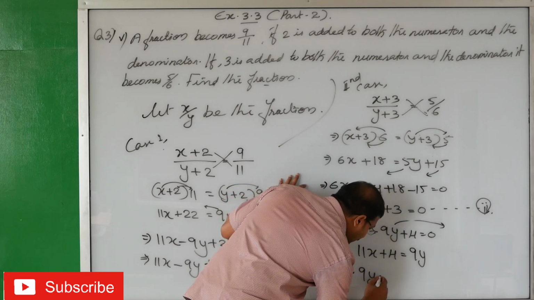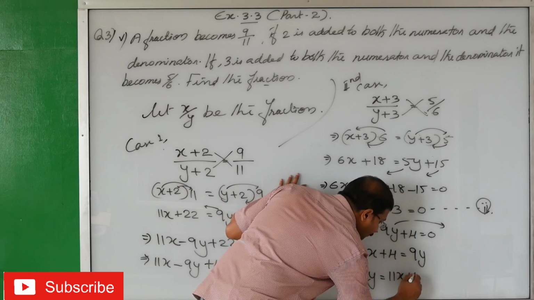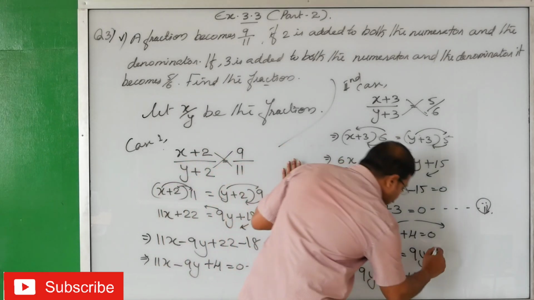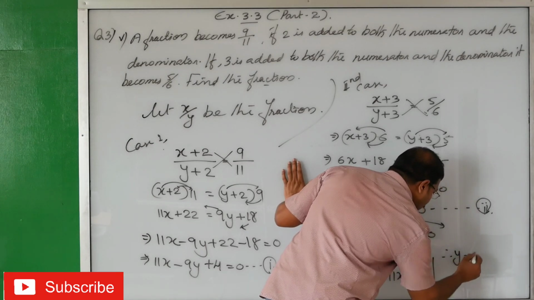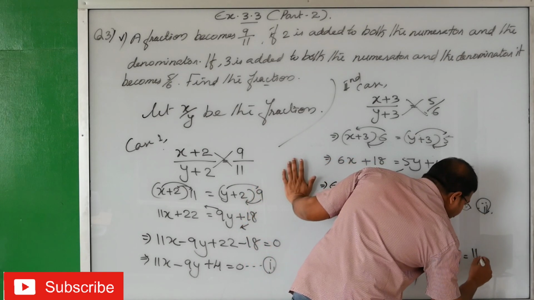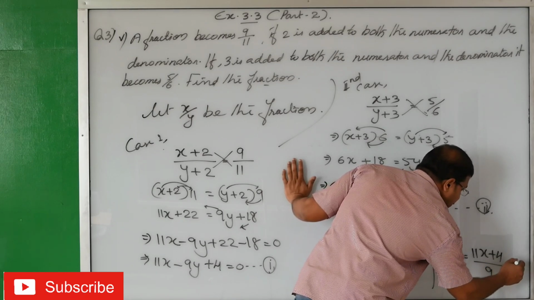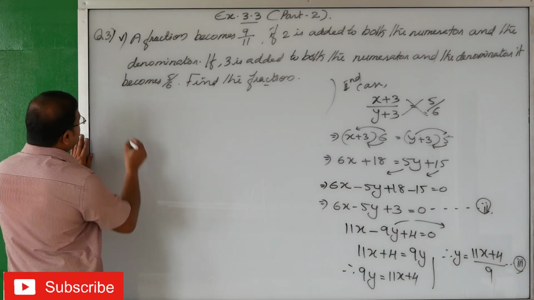Therefore 9y equals 11x plus 4. Therefore y equals, what you will do? (11x plus 4) divided by 9. This is equation number 3.